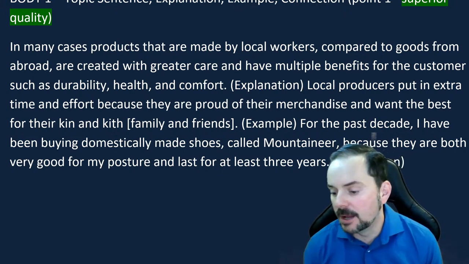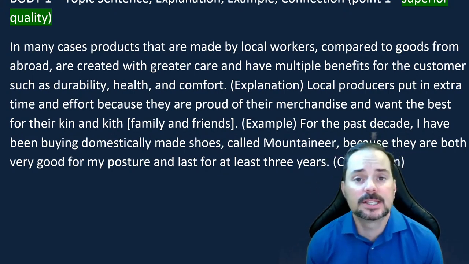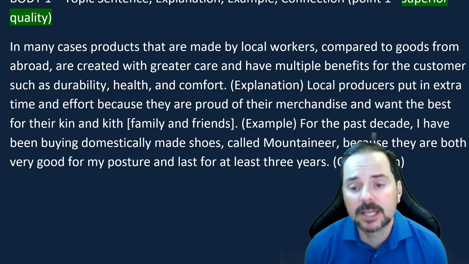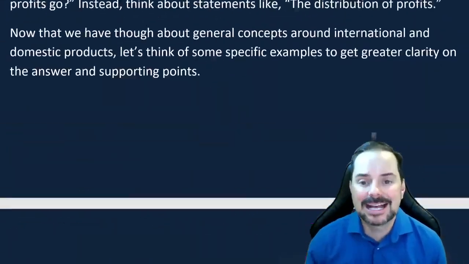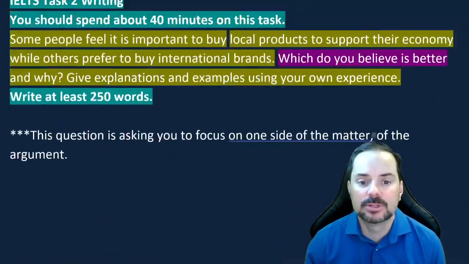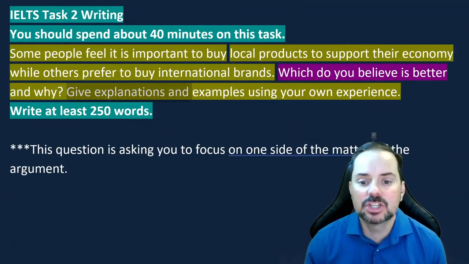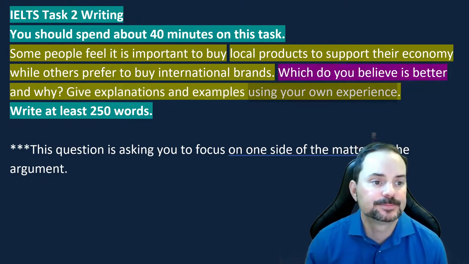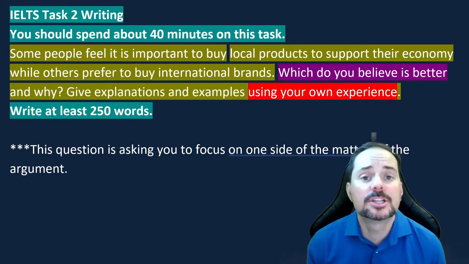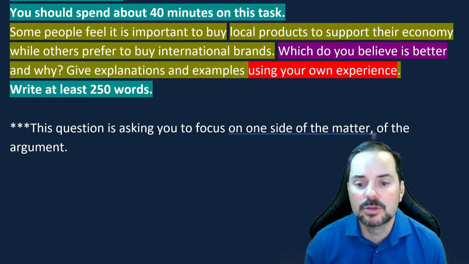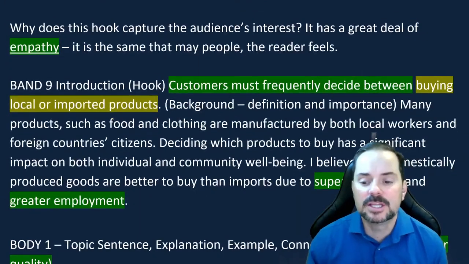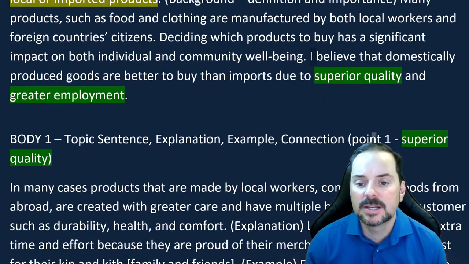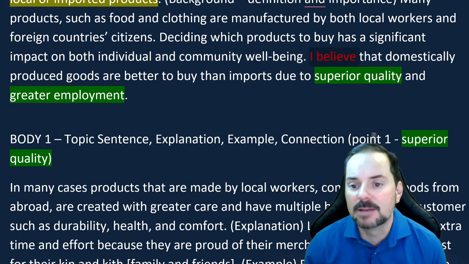Mihir is asking, can we write personal examples? Absolutely, especially when the question is asking you for it. This question says, give explanations and examples using your own experience. Your own experience means personal examples. So I'm using the first person voice from the start of the essay, from the thesis statement. Here's the first place that I use that first person voice, I believe.